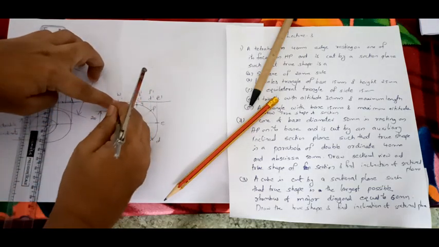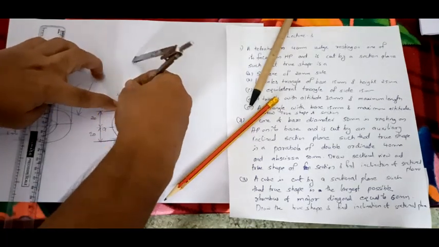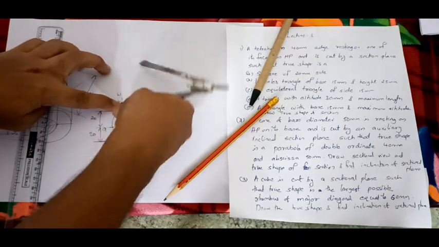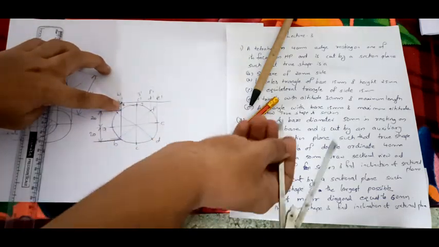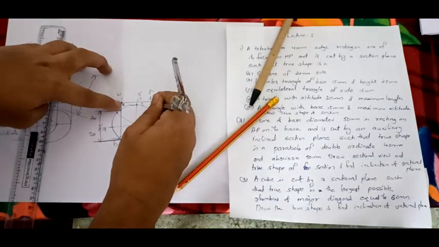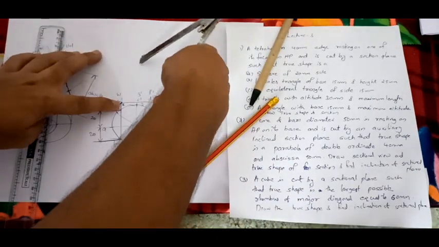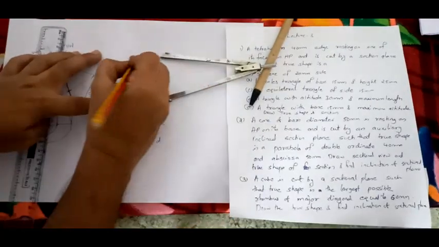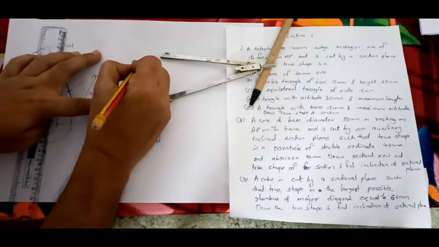It is not B dash or H dash. From that point draw a line with length equal to the abscissa, which is given as 50 mm. Similarly, from the end point E dash, draw a line like this. So these two lines will be cutting here.